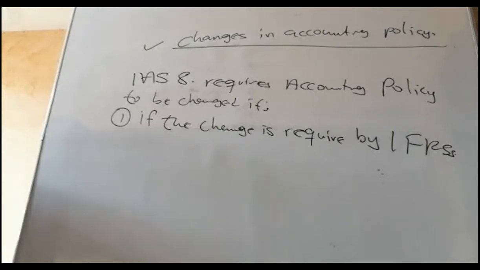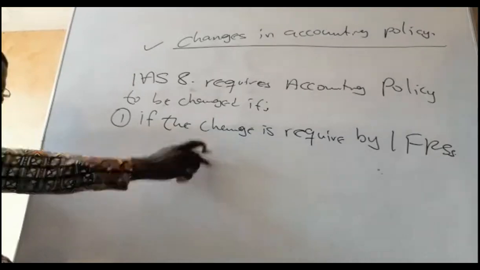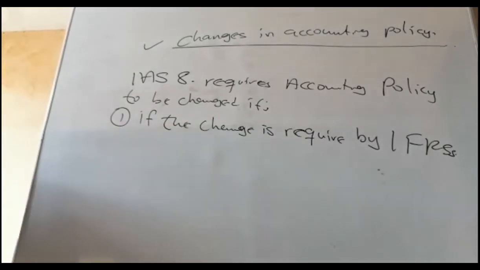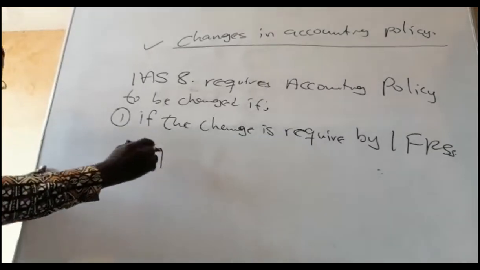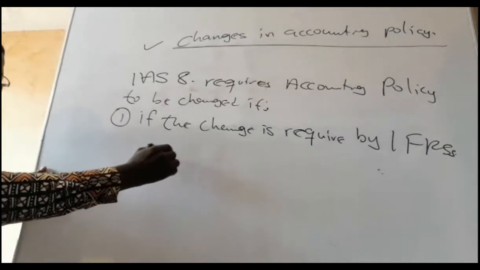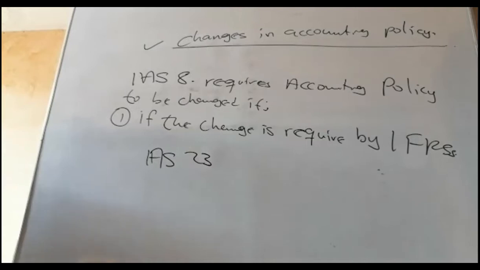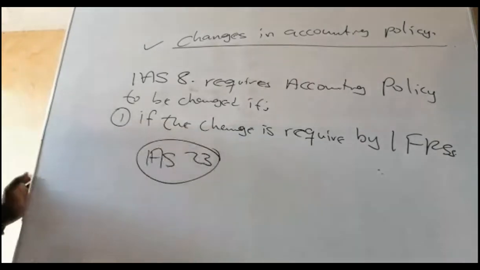How? Let's cite an example here. Now, you realize that the accounting policy for borrowing cost, that's the interest incurred on construction of a qualifying asset. Before IAS 23, all borrowing costs were expensed. That's finance cost. All borrowing costs were expensed in P&L. But after IAS 23, some of the borrowing costs are now capitalized.